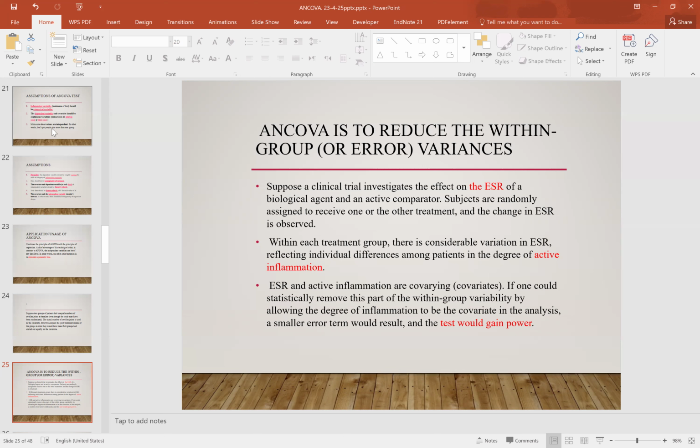ESR and active inflammation are covariates. If one could statistically remove this part of the within-group variability by allowing the degree of inflammation to be the covariate in the analysis, a smaller error term would result and the test would gain power.